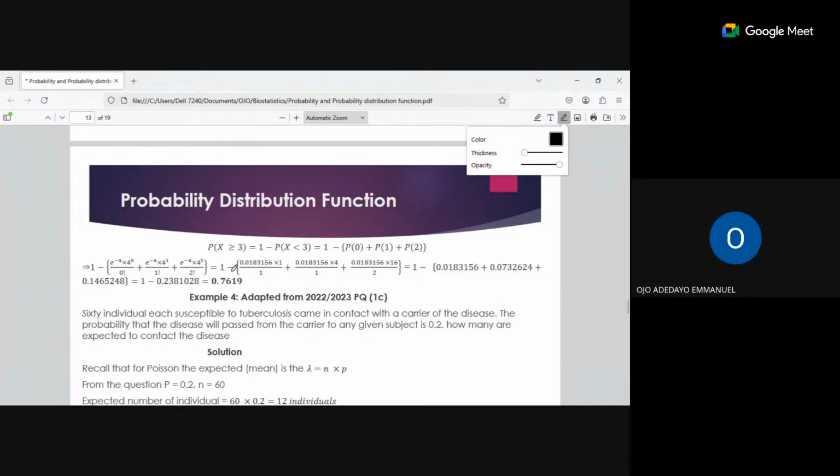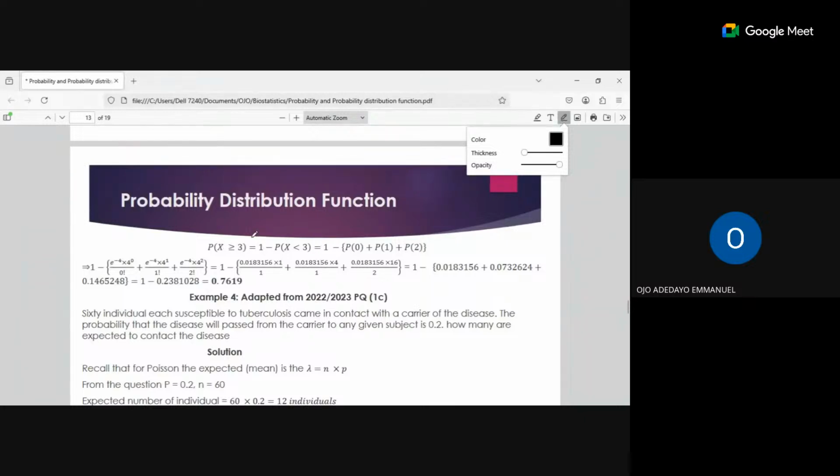Furthermore, we have 1 minus, by the time you evaluate, 4 raised to the power 0 is 1, and e to the minus 4 will give you this value that you are seeing up. Then 0 factorial is 1, that's why we have the denominator here to be 1. Plus e to the minus 4 is still this value, multiplied by 4 raised to the power 1, which gives 4, divided by 1 factorial, which is still 1. Plus e to the minus 4 again, times 4 raised to the power of 2, which is 16, divided by 2 factorial, which is 2.